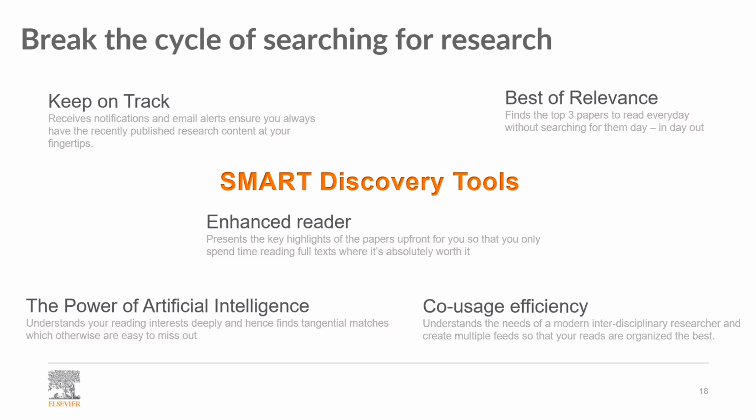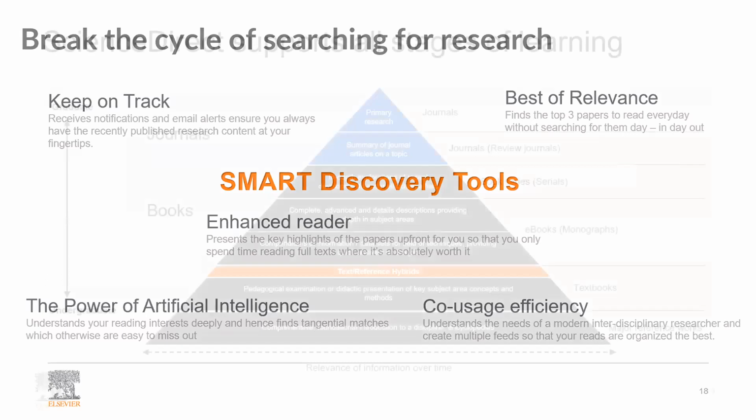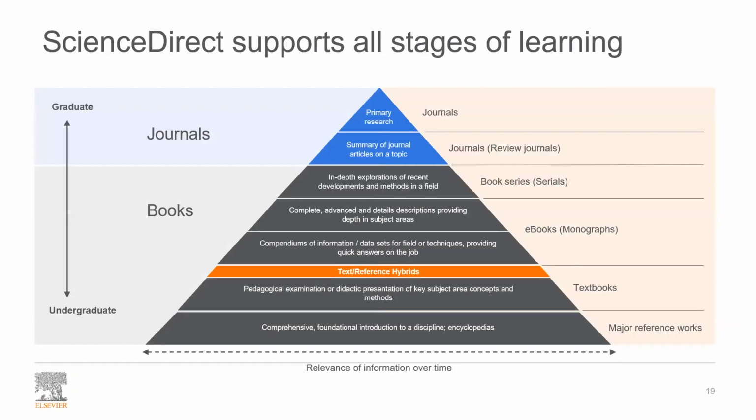All of these features should be included and found in smart discovery tools. I will give you an example of a smart discovery tool, and this example is provided by Elsevier, which is called ScienceDirect. ScienceDirect, as you can see in that pyramid, supports all stages of learning, starting from the foundational knowledge, or the fundamental basic introduction for a specific topic or field.